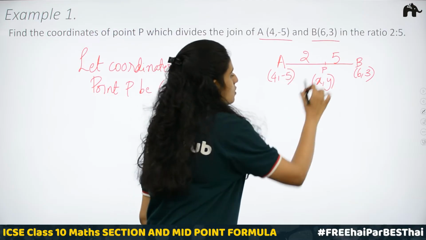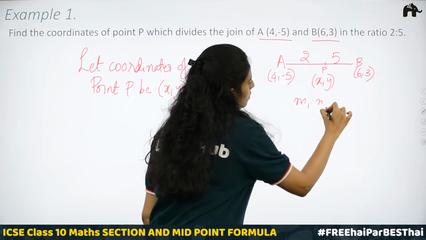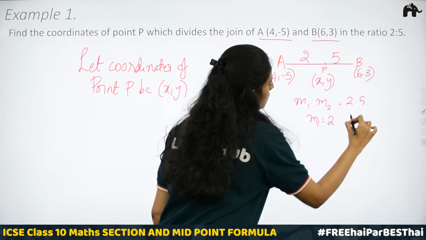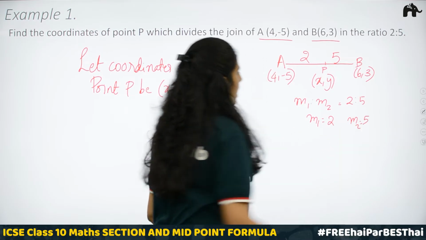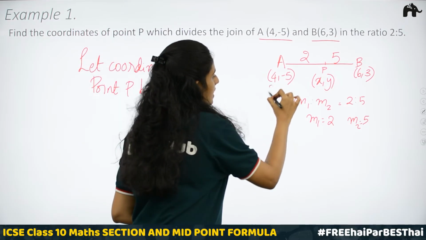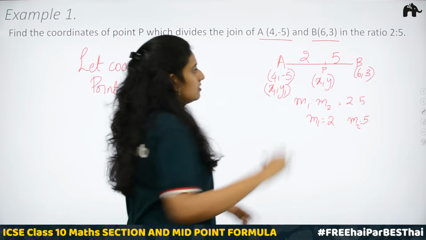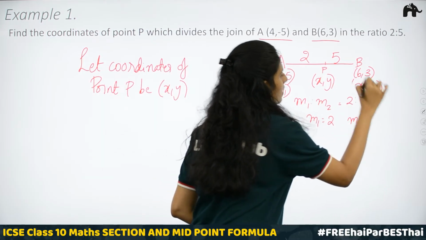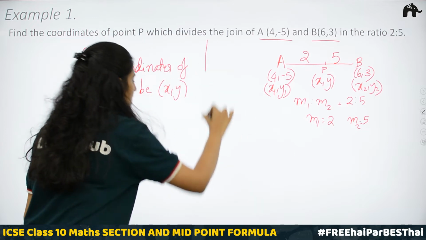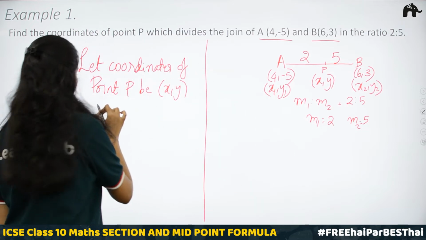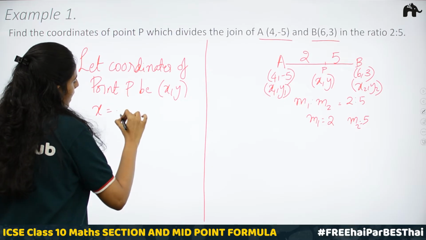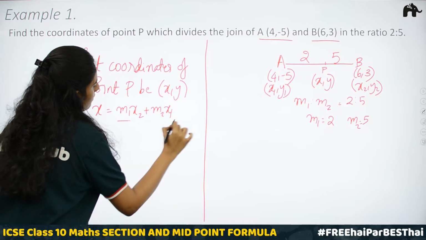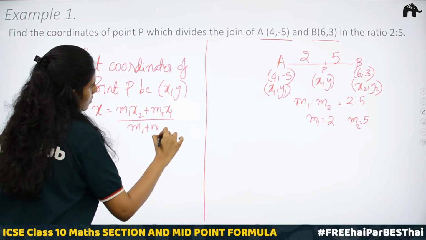Now this 2:5, m1 is to m2 is equal to 2:5, which means m1 is equal to 2 and m2 is equal to 5. Our first point we will take as x1, y1 and the second point x2, y2. We have a formula to find the x coordinate: x is equal to m1 x2 plus m2 x1 divided by m1 plus m2.